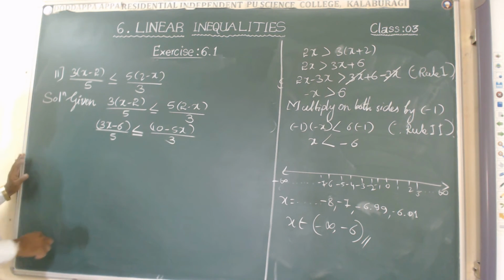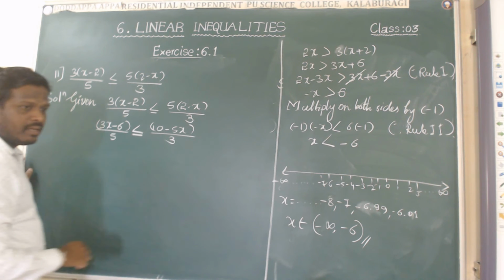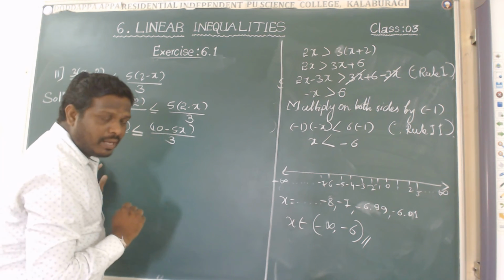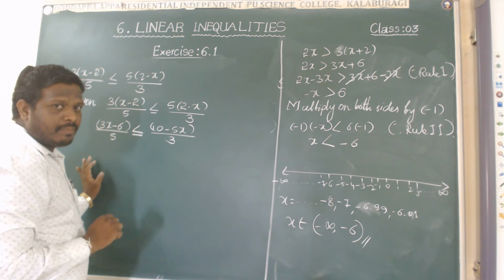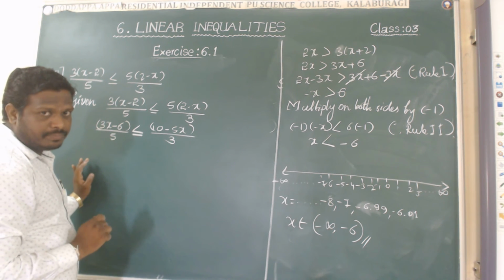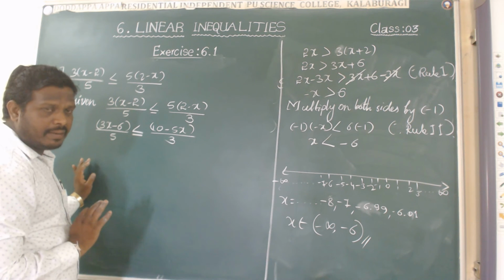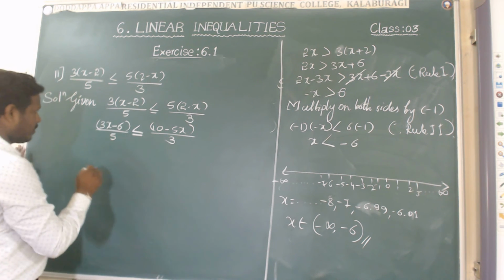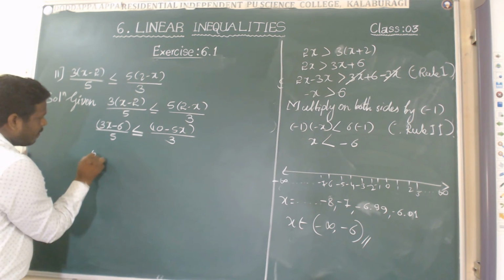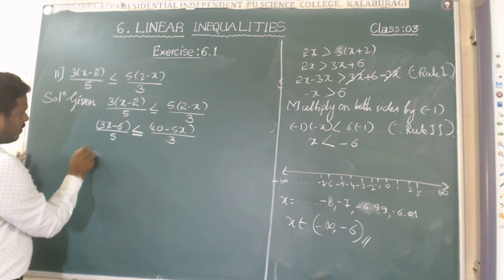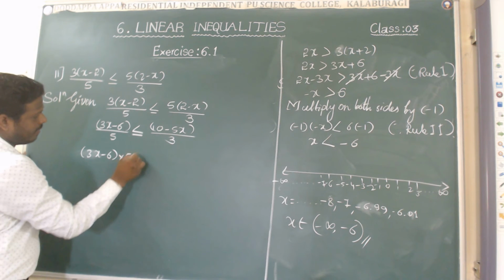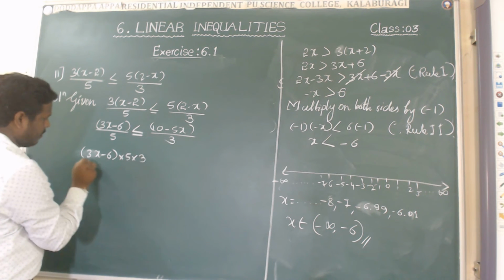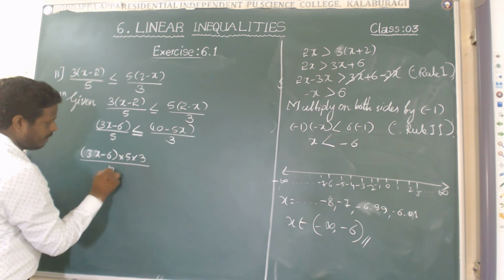Now I am going to apply the second rule here, multiplying both sides by 5 and 3, by using the second rule. So I am going to multiply with 5 and 3 divided by 5.